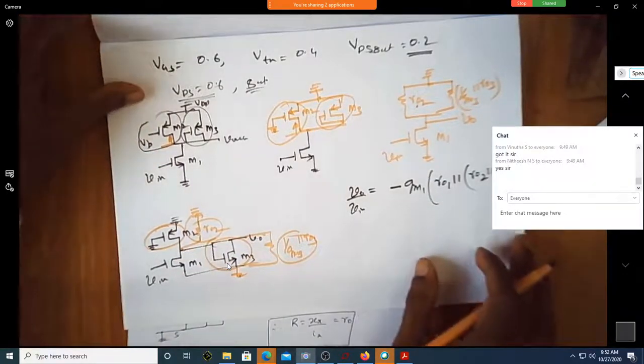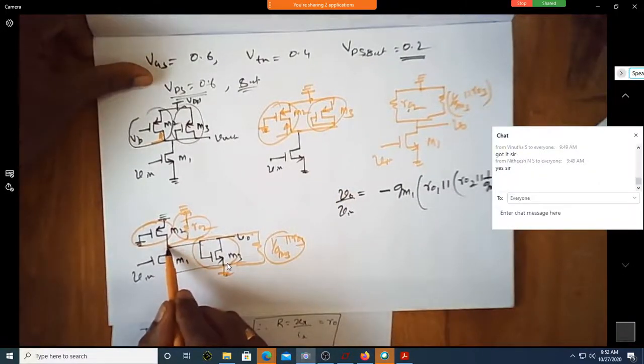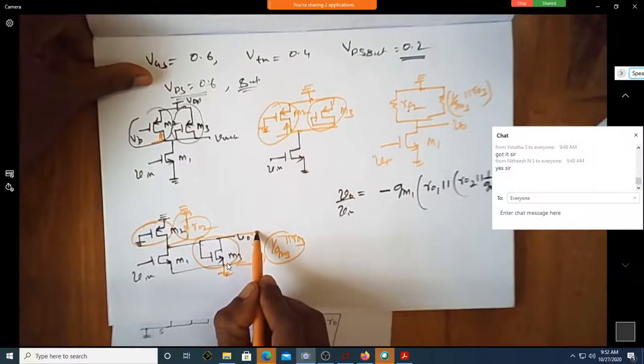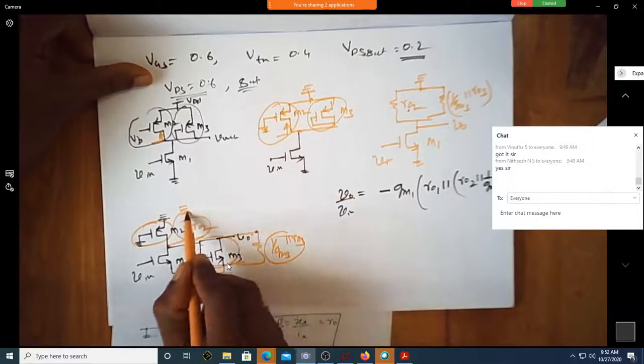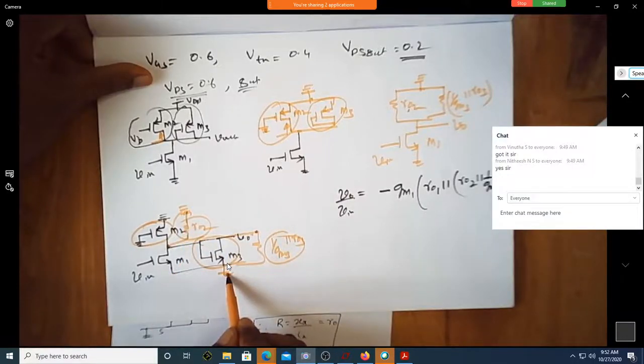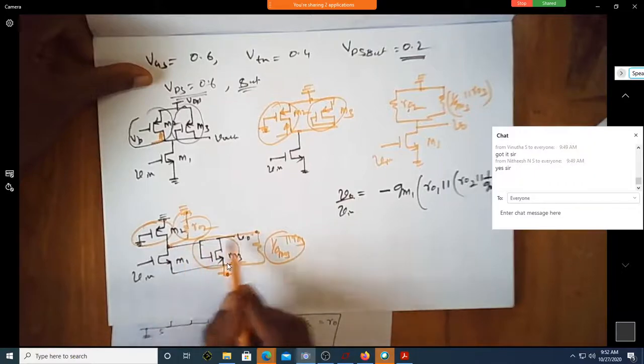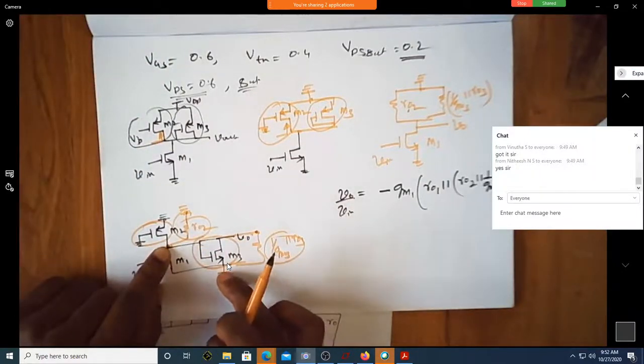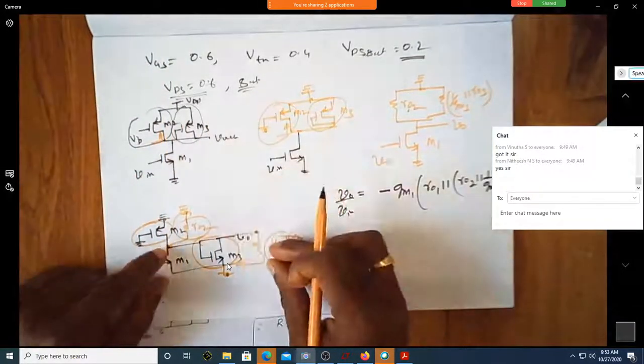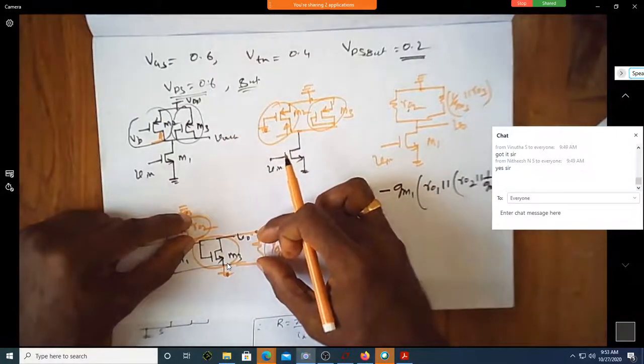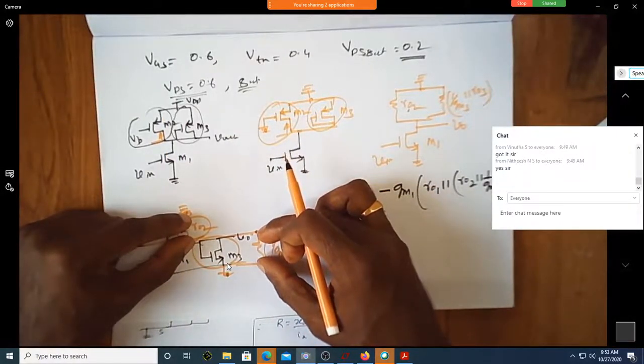Can you tell again, sir? I didn't get it. See, here, this point and this point, are they same? Yes, sir. This point and this point, are they same? Yes, sir. So when this is same, can I just put this here? So are these two, R02 and this thing, coming in parallel? Yes, sir.